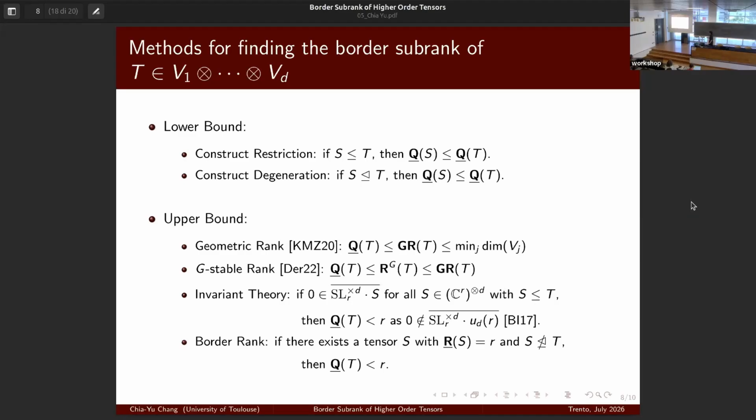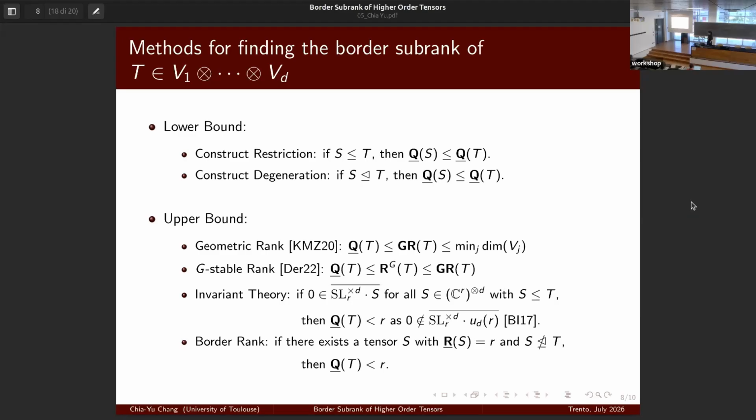Okay, and another method we used is from border rank. If there exists some tensor S with the border rank of S equal to R, and S is not a degeneration of T, then the border subrank of T is less than R. Because if the border subrank is greater than or equal to R, then the size R unit tensor will be a degeneration of T. And because the border rank of S is R, S would be a degeneration of the size R diagonal tensor.